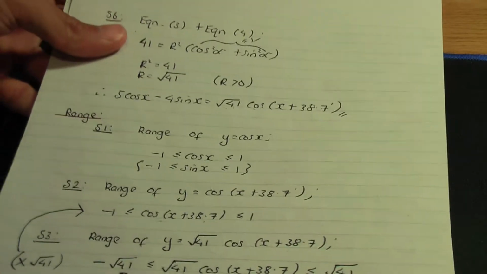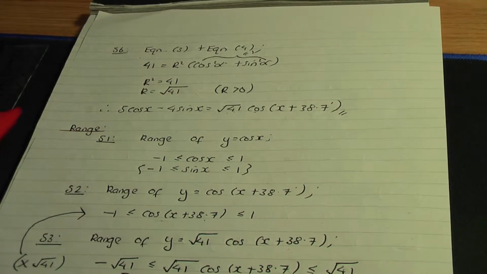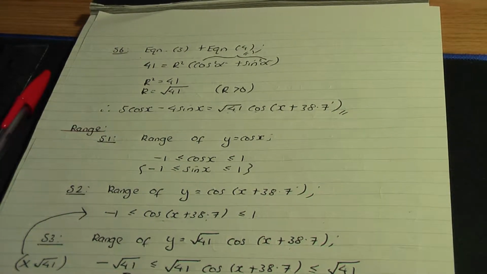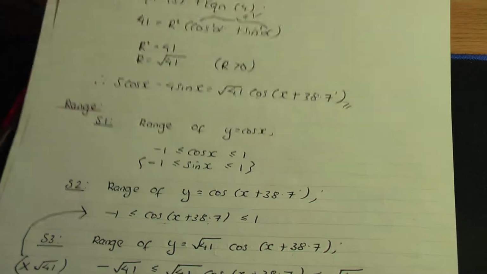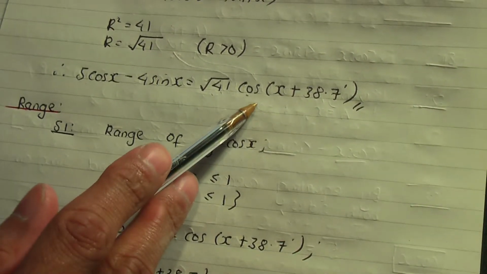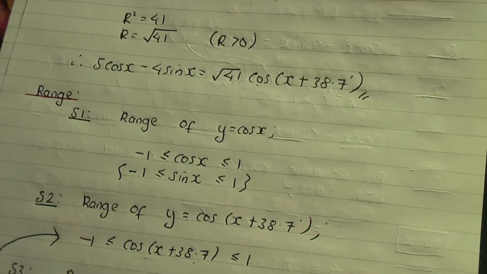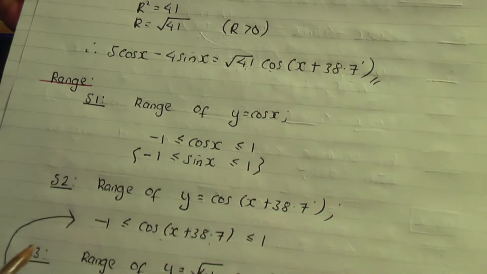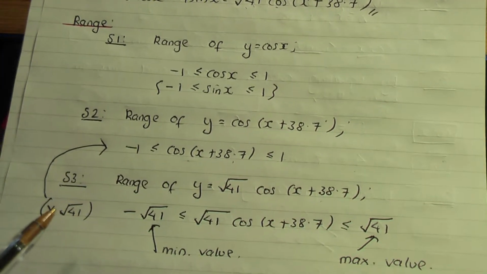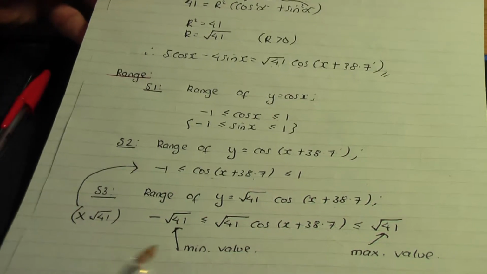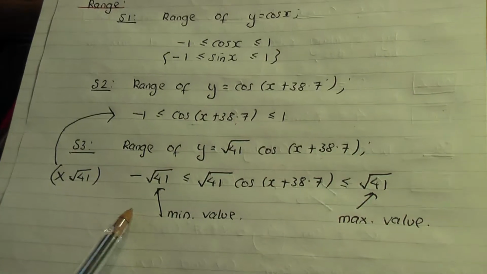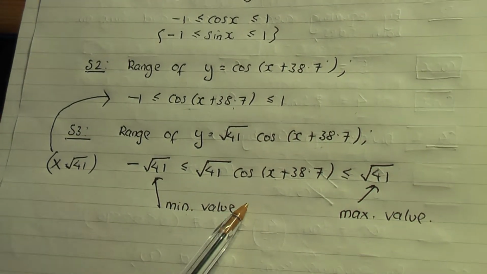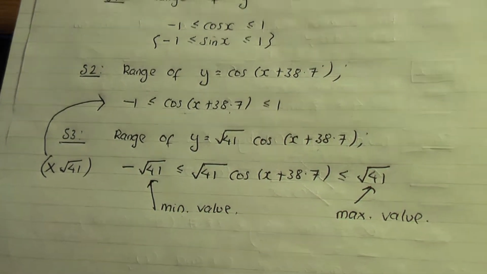But I want to continue further and show you how to find the smallest positive value of x that gives you the maximum value, as well as the smallest positive value of x that gives you the minimum value. Let me show you how to find the smallest positive x that gives you the maximum value.